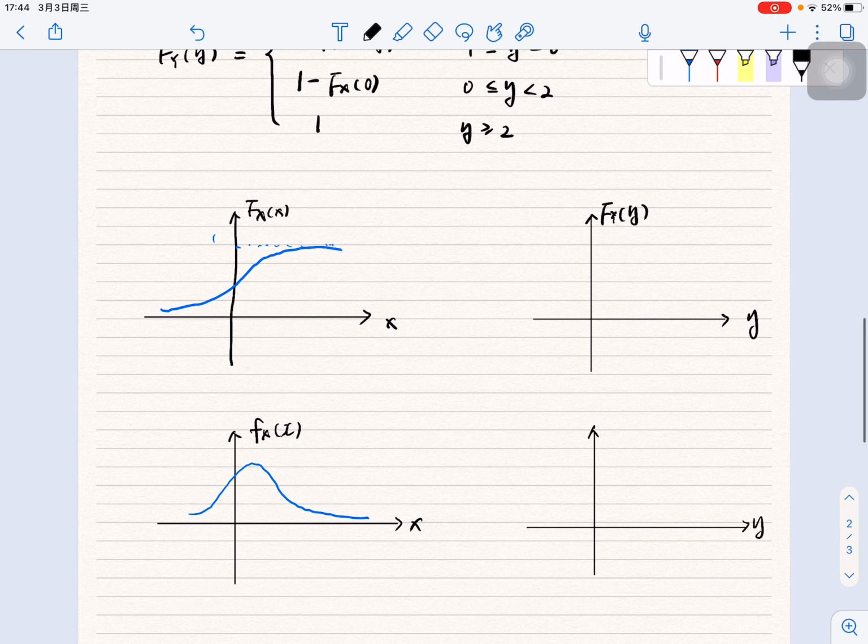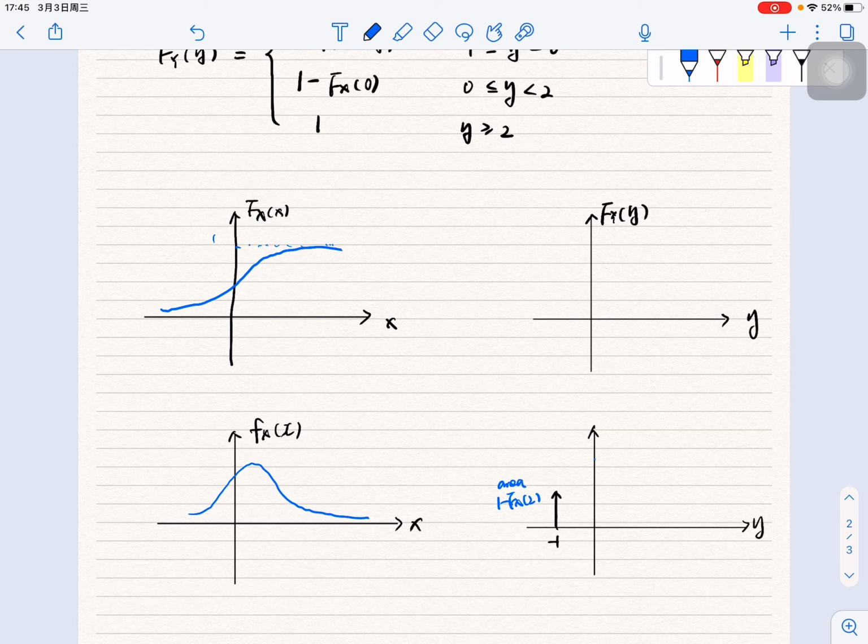At the point minus 1, we have an impulse, and its area is 1 minus Fx(2).